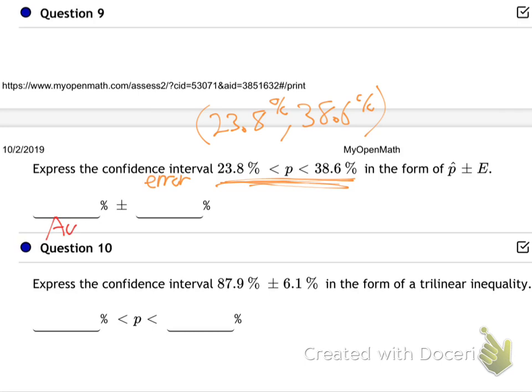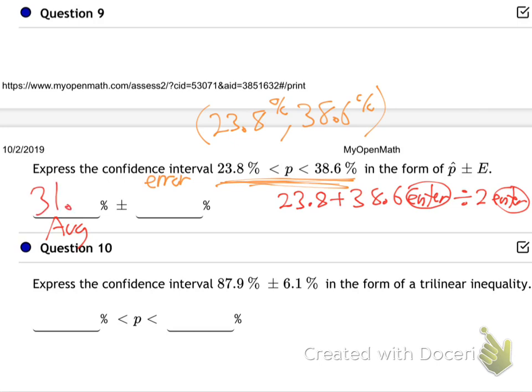To find the average, you add them and divide by 2, because that always gets you the middle of 2 things. So just add them, hit enter, divide by 2, hit enter. I'm getting 31.2. So 31.2 is the average of those 2 numbers. It's the middle of those 2 numbers, like averaging 2 test scores or quiz scores. Just add them and divide by 2.